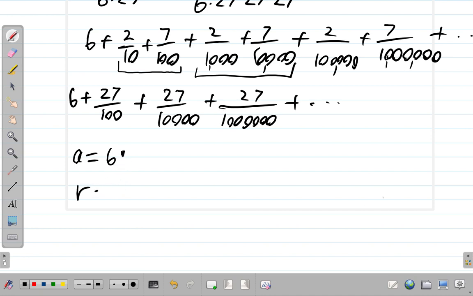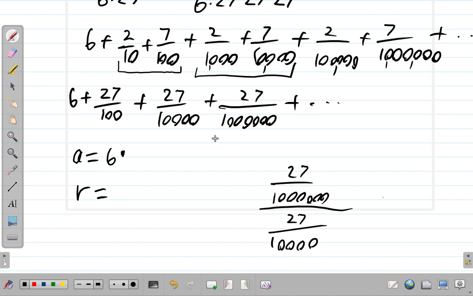Then we want the common ratio. What is the common ratio? If we divide 27 over a million by 27 over 10,000, this is 10,000, this is 1 million.